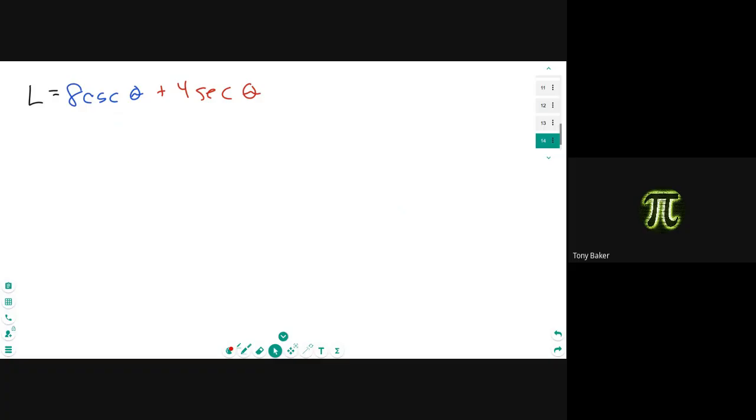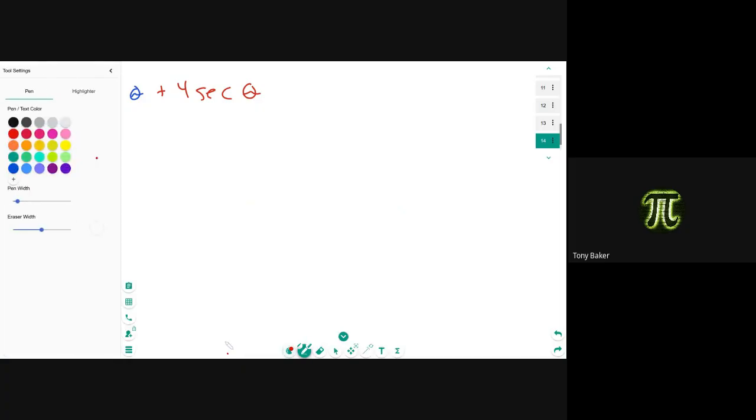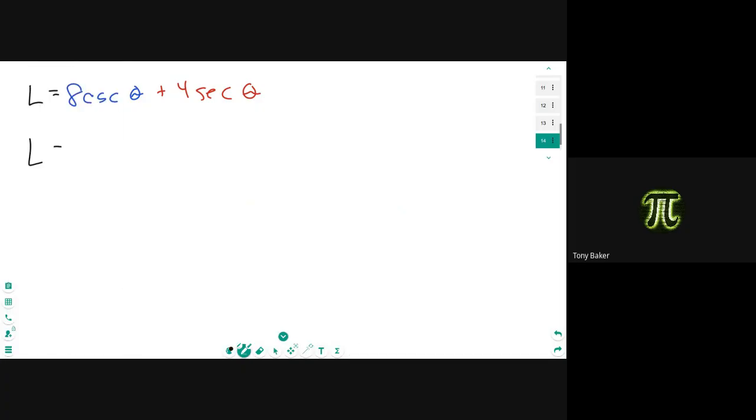All right, so how do we do this one? I need to find the derivative of it, right? So what is the derivative of this? What is the derivative of cosecant? Yeah.